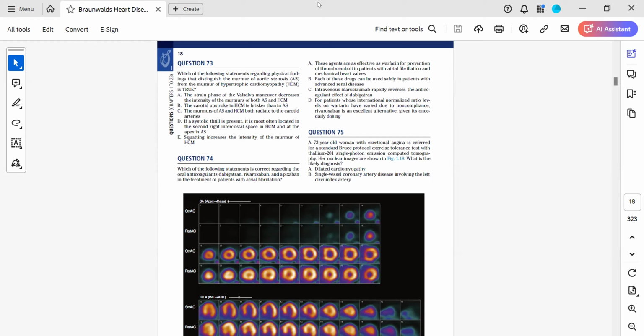It's a bit confusing. If a systolic thrill is present, it is usually located in the second right intercostal space in AS. The thrill is fine, we get that. It's the radiation of the murmur that is still ambiguous, because now they're saying the left neck.